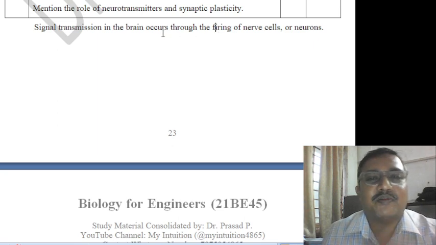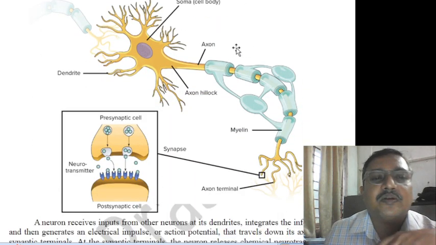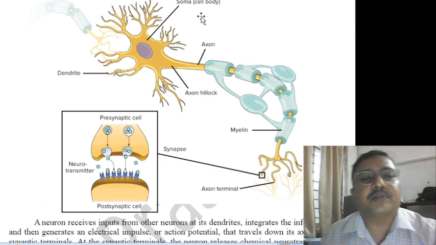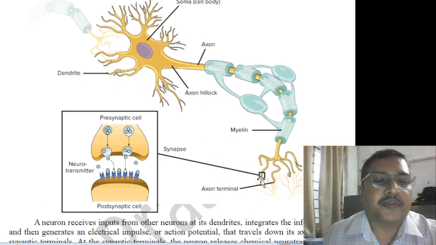In our body, the message passes through the firing of nerve cells or neurons. Nerves we already know, so there is no need to draw this image. We know that the dendrites connect to the axon terminals, and the connection is represented here.